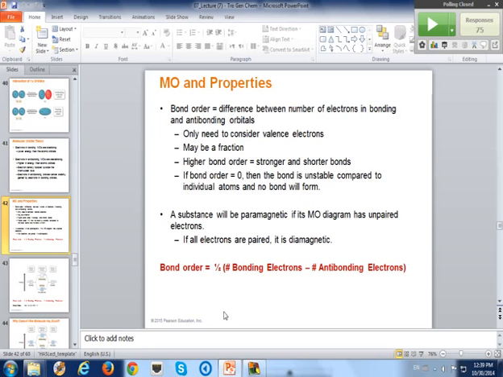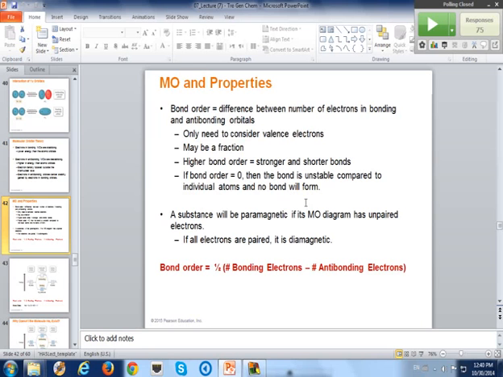The bond order, this is a quantity that's equal to 1/2 the number of bonding electrons minus the number of antibonding electrons. Okay? In calculating the bond order, you only need to consider the valence electrons. And it's important to note the bond order may be a fraction. Higher bond orders express stronger and shorter bonds.